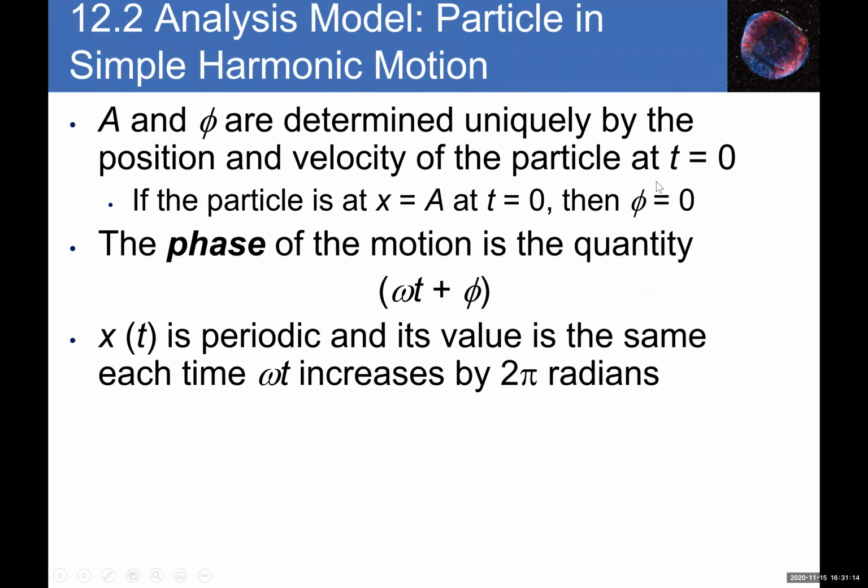All right. So a lot of times the amplitude and the phase angle, or phase constant, are determined uniquely by the position and velocity of the particle at t equals 0. I'm going to show you this in some examples, right?